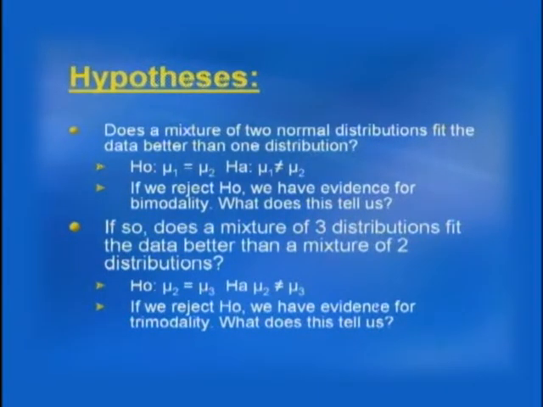Okay, so in this case where we're looking for 2 distributions, our null hypothesis is that the mean of the one distribution, so imagine that picture where we have 2 subdistributions, and we're saying, is the mean of distribution 1 equal to the mean of distribution 2? If those 2 things are equal, it's the same distribution.